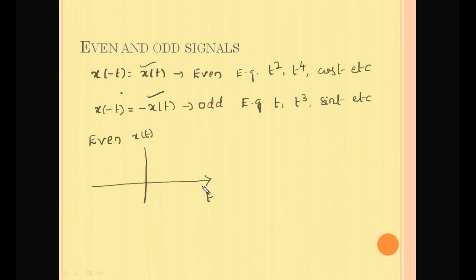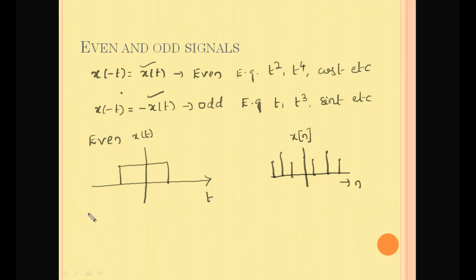If a signal is defined like this, you can see the signal is symmetrical about the vertical axis, and this part is a reflection of this part. So we can say it is an even signal. Whereas in the discrete case, the signal will be represented like this. On the x-axis it is n and on the y-axis it is x of n.